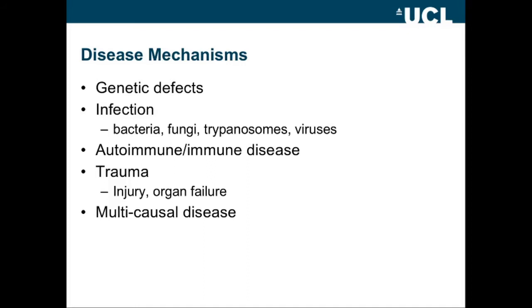And then we have multi-causal diseases, things like heart disease, cancer, all that type of thing, where we have really a plethora of different targets and different drugs that are of interest.